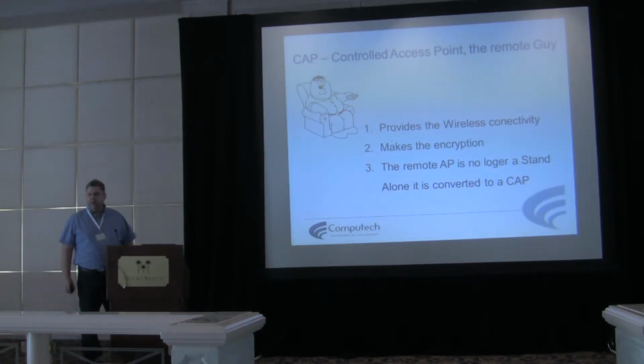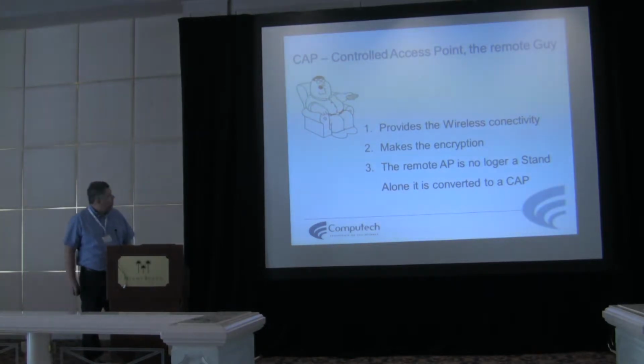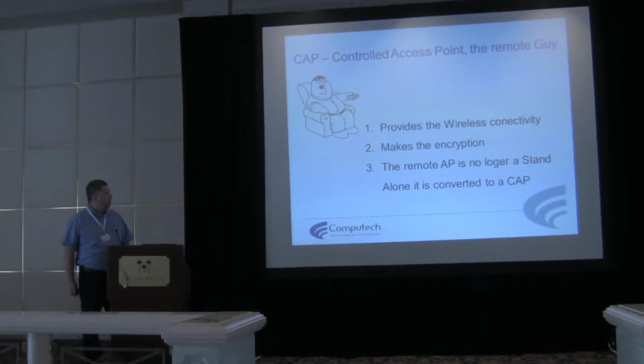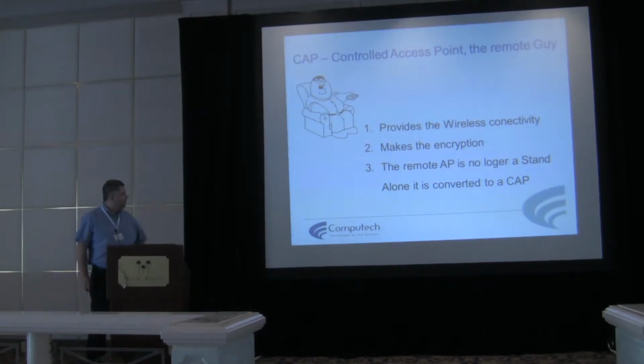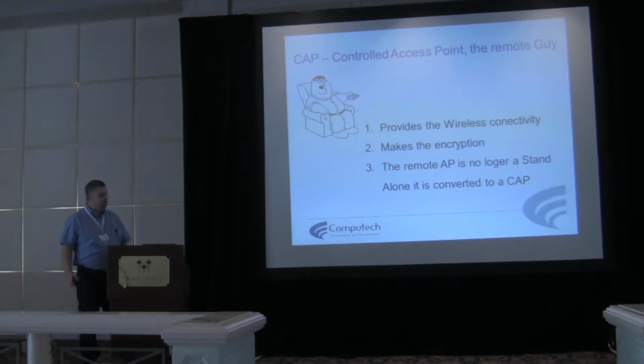Let's look at the other side. It's called CAP, the control access point. It is the remote guy, the access point at the end of the line. It provides the wireless connectivity and does the encryption.